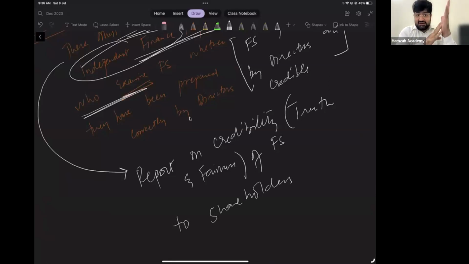Auditor will check financial statements, whether financial statements are correctly prepared, properly prepared, and then report their finding to the shareholders.